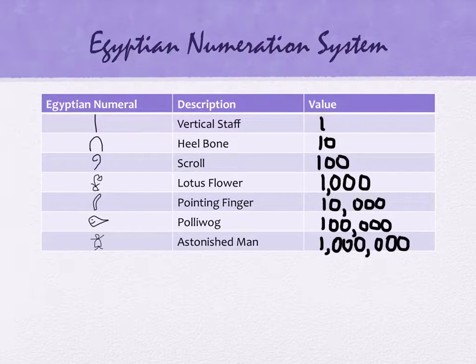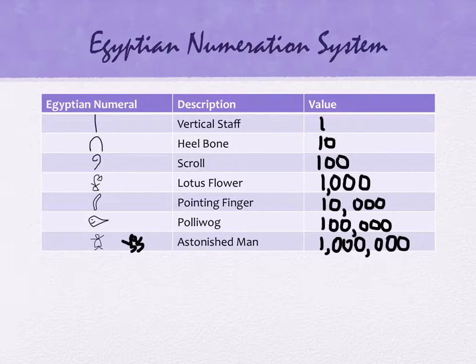The way these look differs depending on the resource you use. I'm guessing it's like our handwriting: my A doesn't look exactly like Ashley's A. For example, the astonished man in one of my books looks like this.